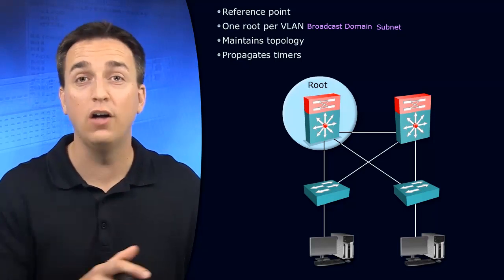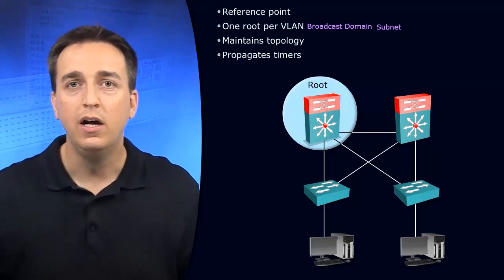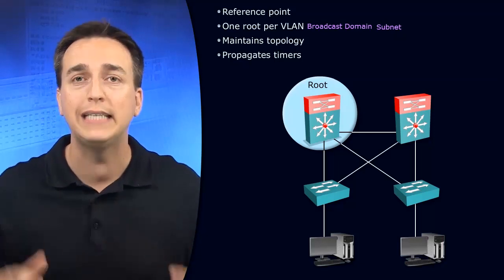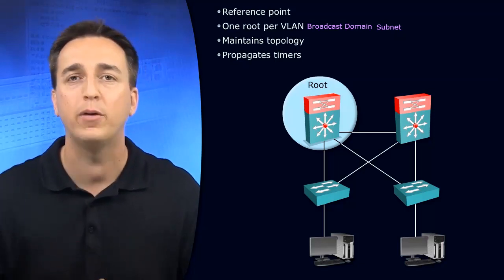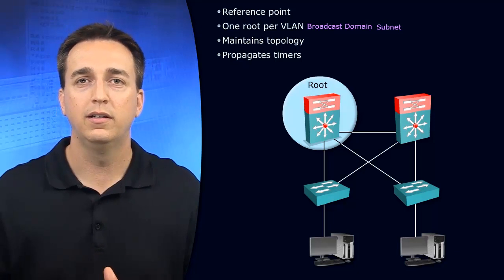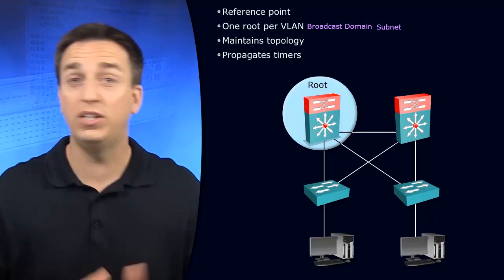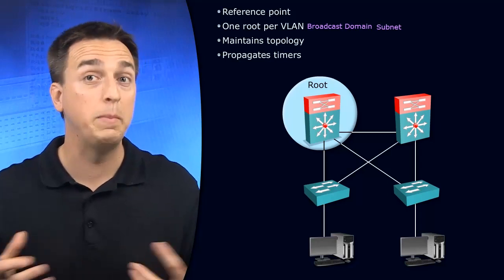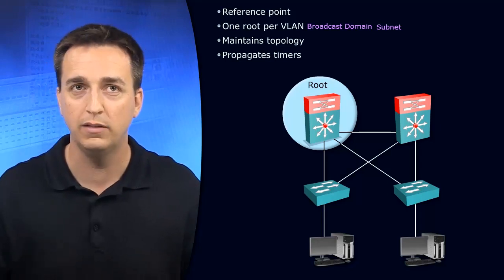And by default, they're all going to be the exact same switch, because the calculation that's being performed by default is based on all the exact same information, all the same parameters. But then you can start modifying those values on a VLAN by VLAN basis and start to manipulate your spanning tree topology.